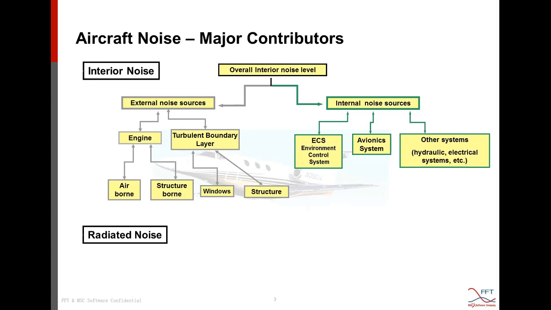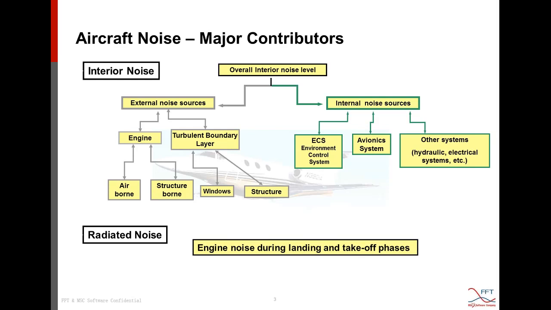And turbulent boundary layer will be transmitted through, obviously, the structure, the fuselage, but also through the windows, which are actually a weak point of acoustic transmission in terms of acoustic insulation.